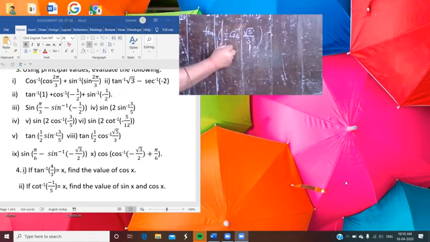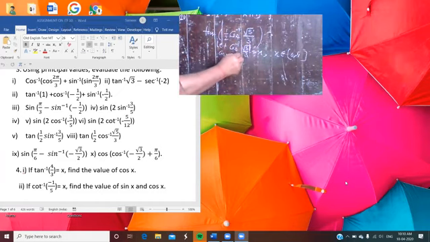So you only have to substitute cos inverse root 5 by 3 as x, and no doubt x belongs to 0 to pi. So cos x is equal to root 5 by 3. Cos x is known, so your required function is tan x by 2.